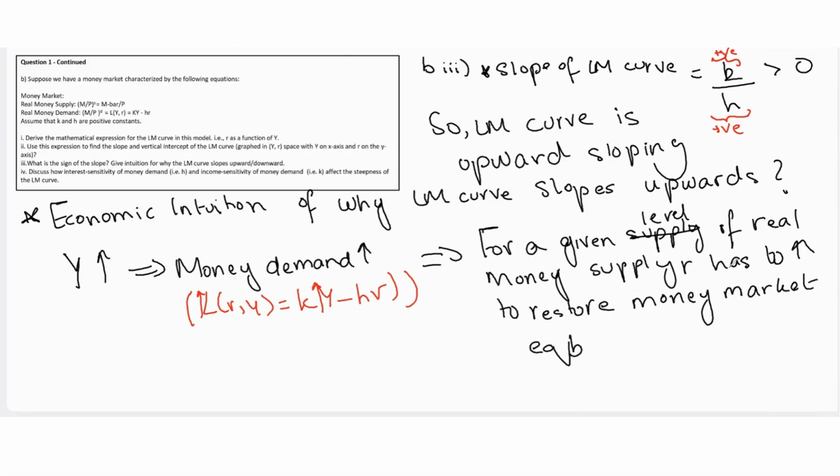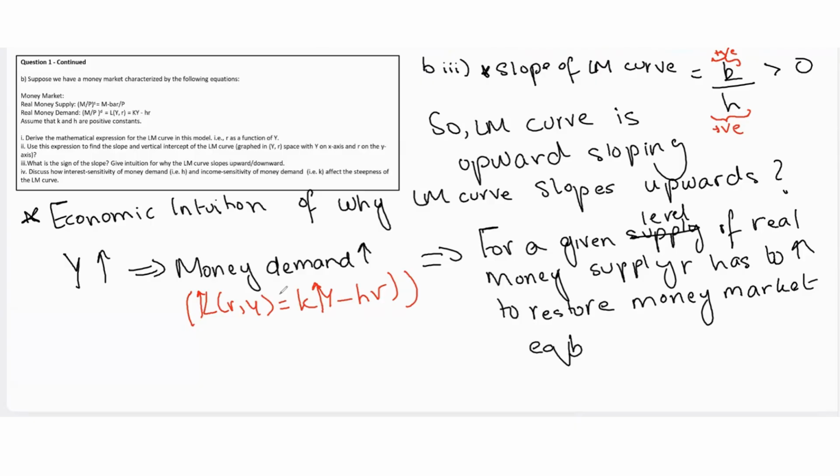So this is the economic intuition of why the LM curve slopes upwards. Because when you increase output income, that will increase money demand. For a given level of real money supply, R has to increase to maintain money market equilibrium. So an increase in Y is causing an increase in R.